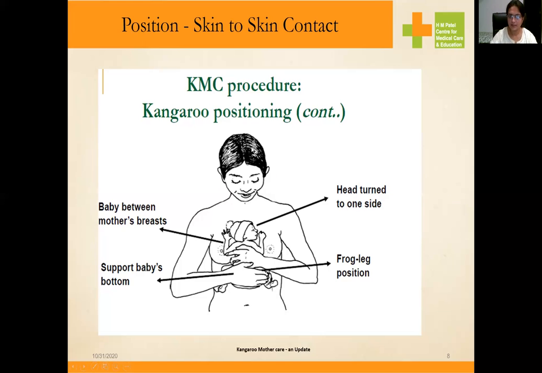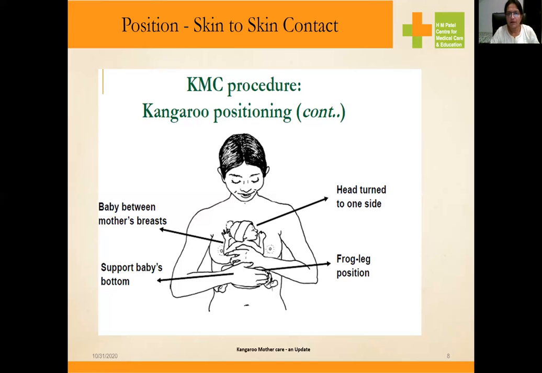Now, once the baby is secured in this position, mother can either sit on a bed with a backrest, which is usually set at 45 degrees, or mother can also stand and give kangaroo mother care.